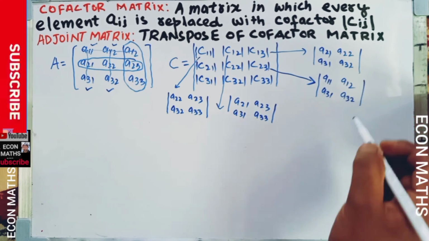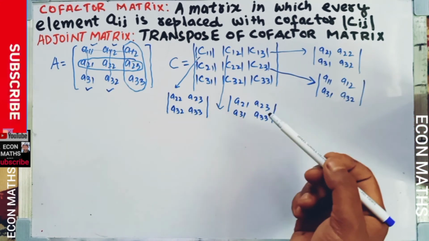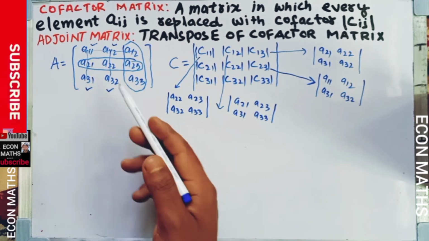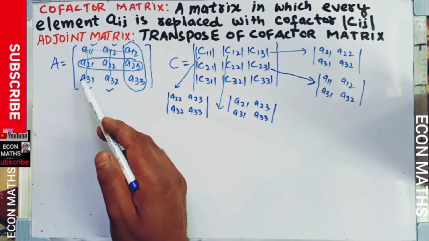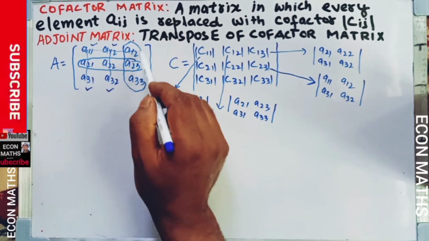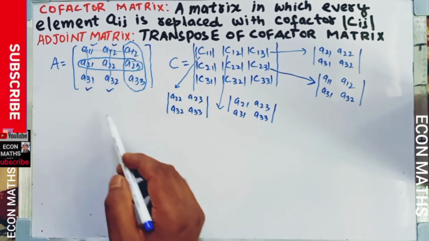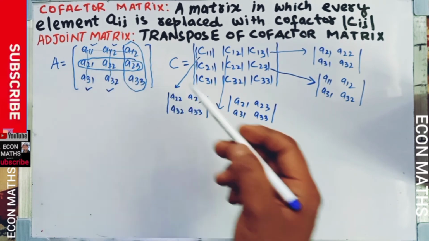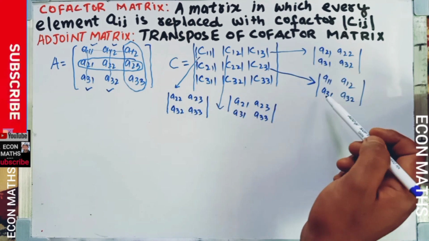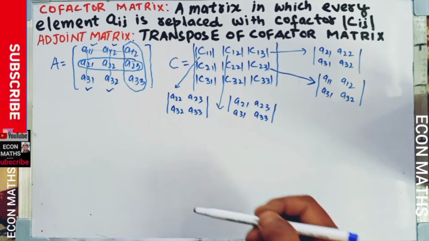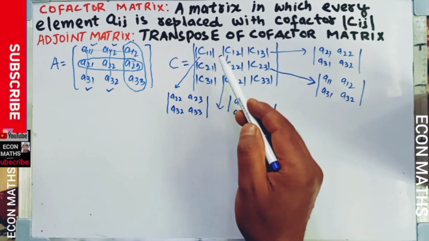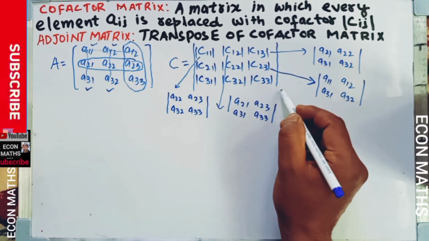Now I will not show all 9 cofactors. You can check it easily. Similarly, if we have A31, we have to delete the row and the column in which it appears and take the determinant of the remaining elements. So accordingly we will get the 9 cofactors here. The matrix formed by these cofactors is called the cofactor matrix.